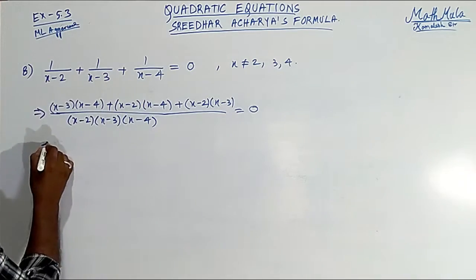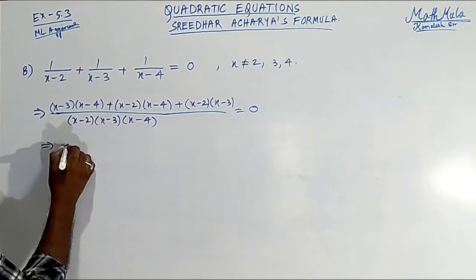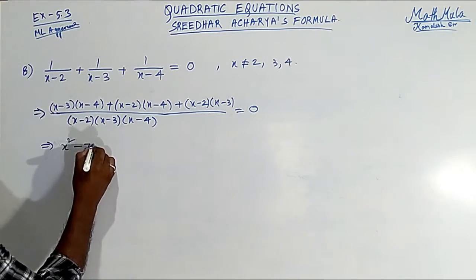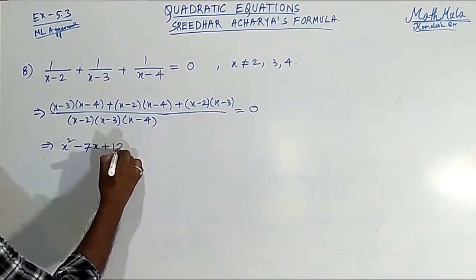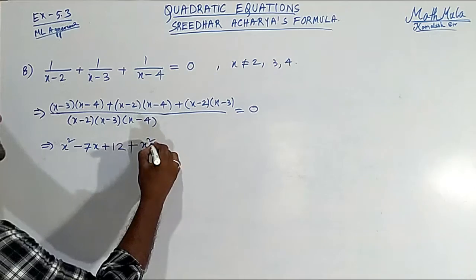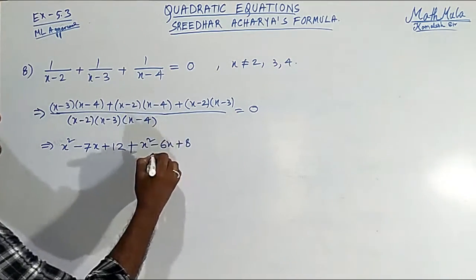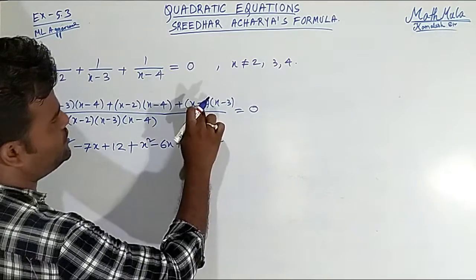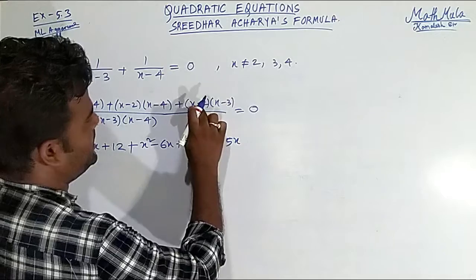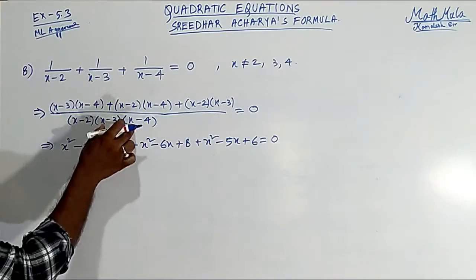That implies, we multiply these and we get x square minus 3x minus 4x, that is minus 7x, plus 3 fours are 12, plus x square minus 2 minus 4, that is minus 6x, plus 2 fours are 8, plus x square minus 2 minus 3, that is minus 5x, plus 2 threes are 6, is equal to 0. 0 into this is 0.